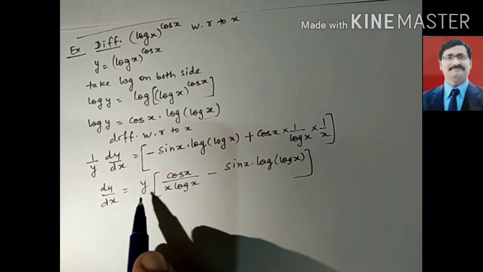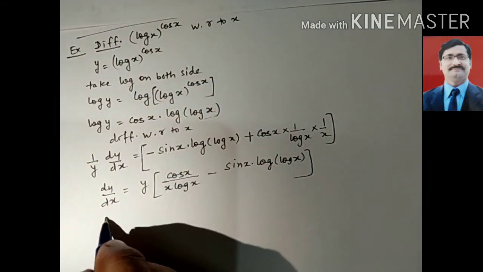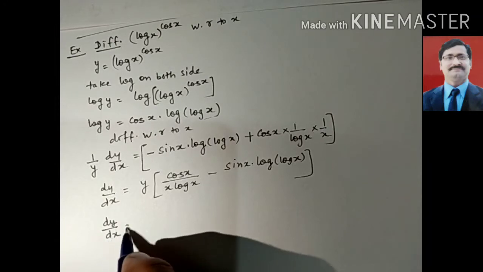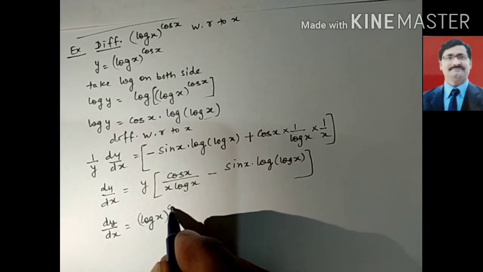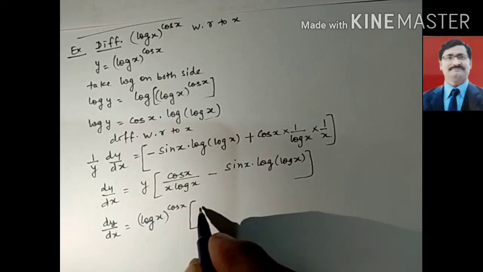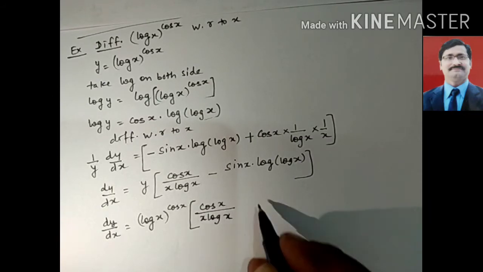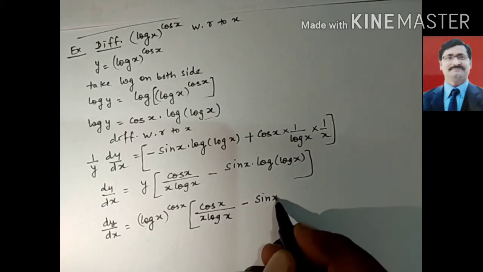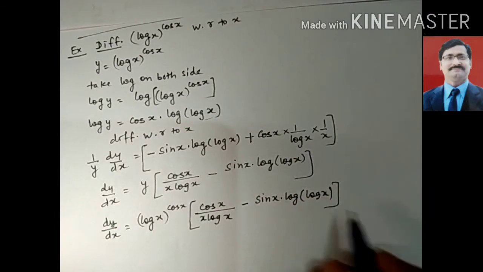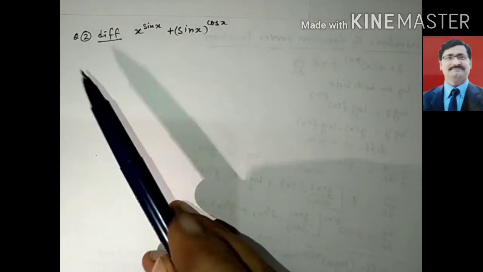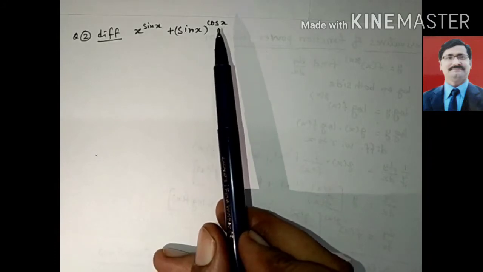Okay, and y is (log x) power cos x, so dy by dx equal to (log x) power cos x, bracket cos x upon x log x minus sin x into log x. Do all understand this?